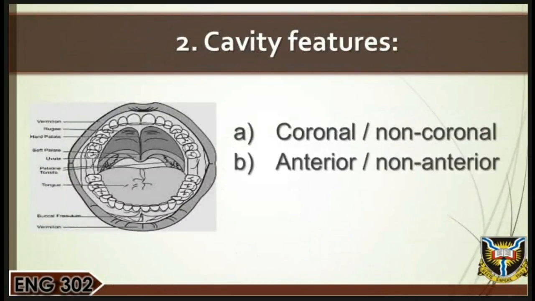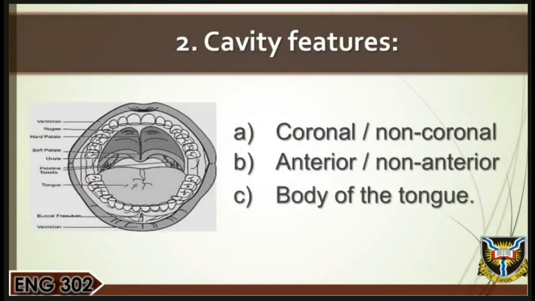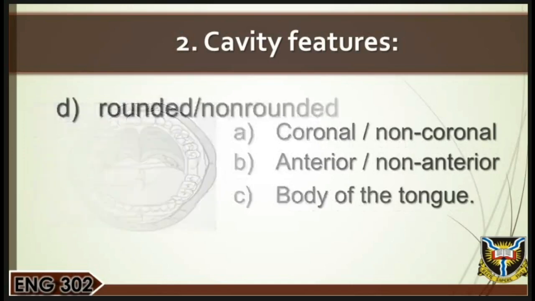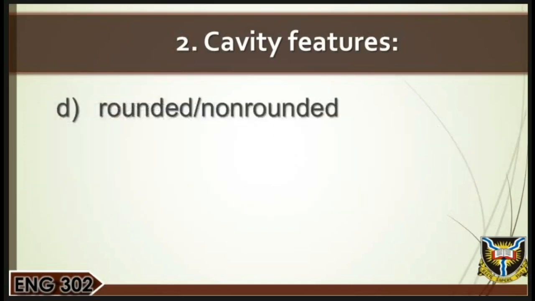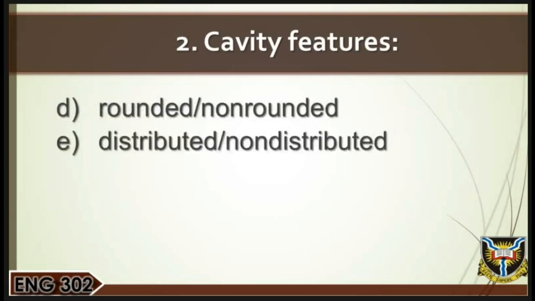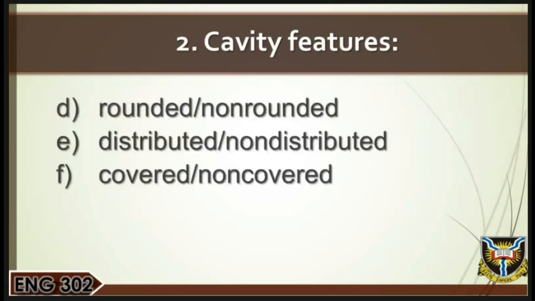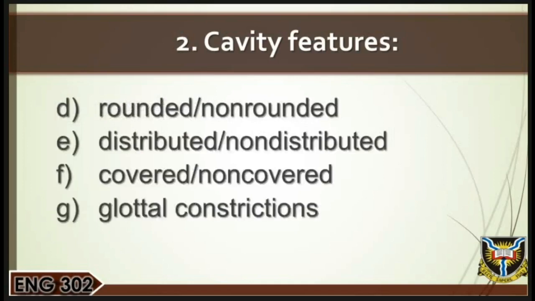B. Anterior or non-anterior. C. Body of the tongue features: 1. High or non-high. 2. Low or non-low. 3. Back or non-back. D. Rounded or non-rounded. E. Distributed or non-distributed. F. Covered or non-covered. G. Glottal constrictions. H. Secondary apertures.